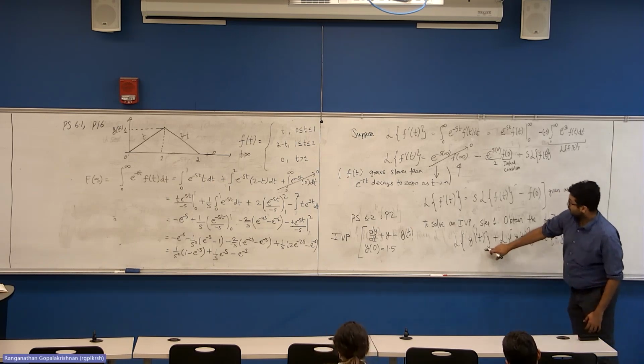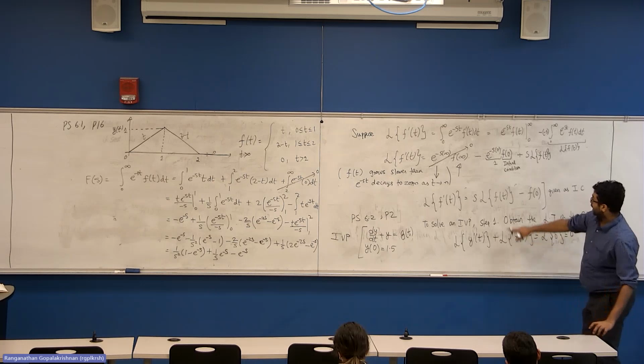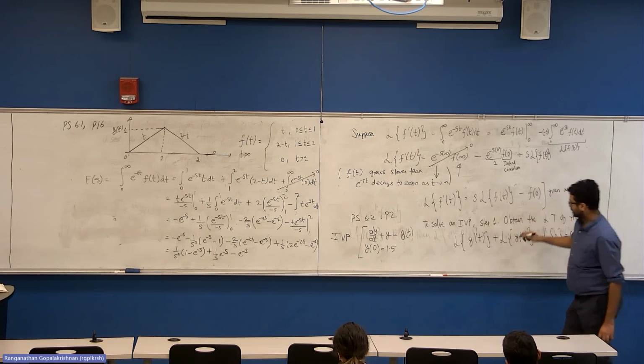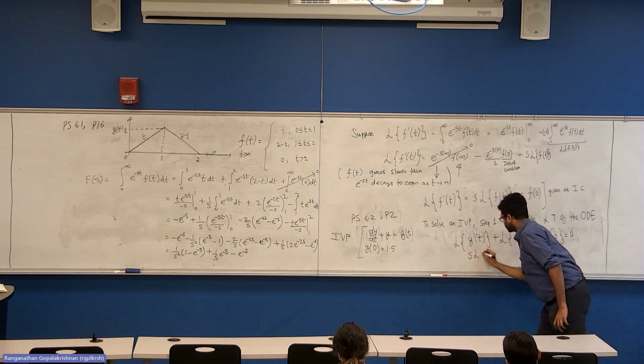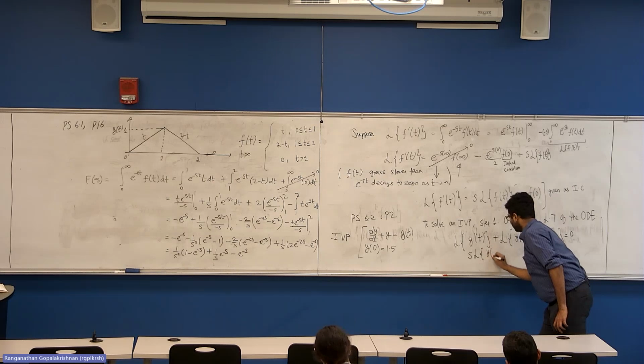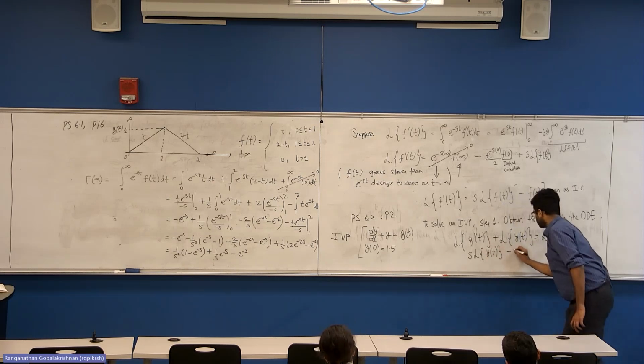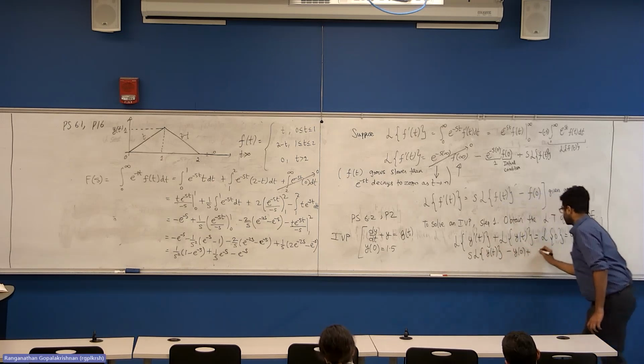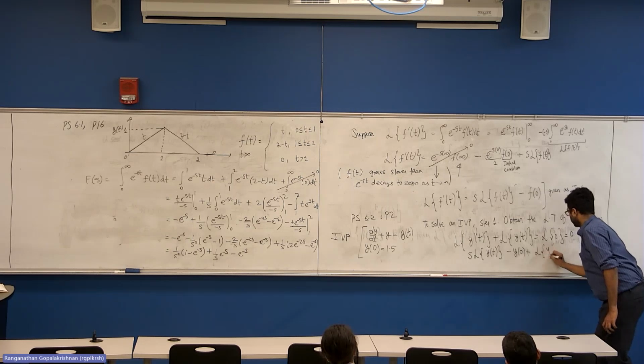So what is Laplace transform of y dash of t if you use this result? That is s times the Laplace transform of y of t minus y of 0 plus the Laplace transform of y of t equal to 0.